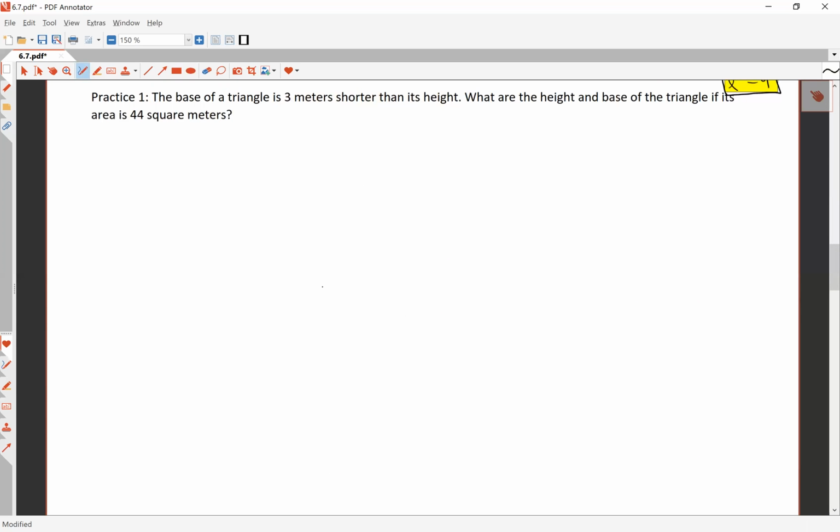This leads us to your practice problem. The base of a triangle is 3 meters shorter than its height.